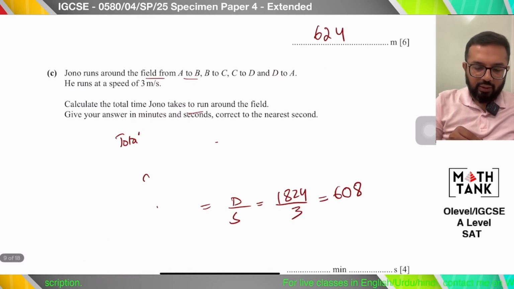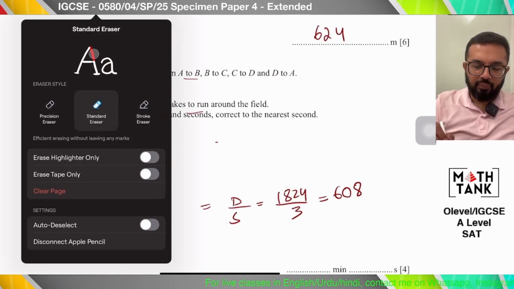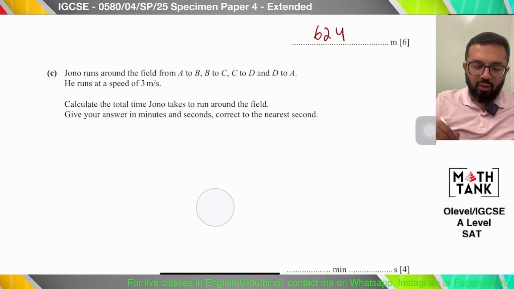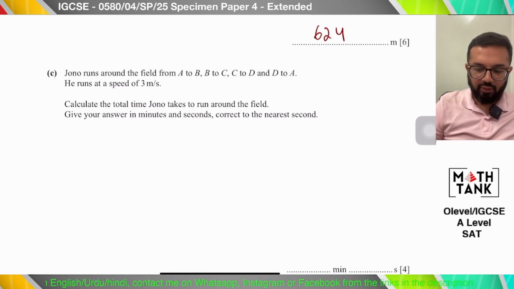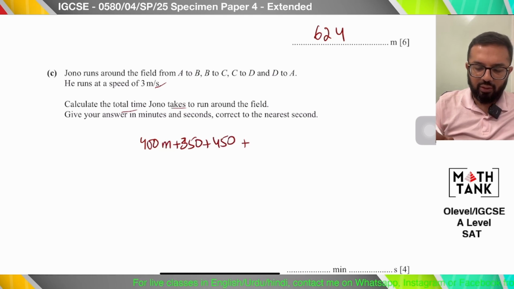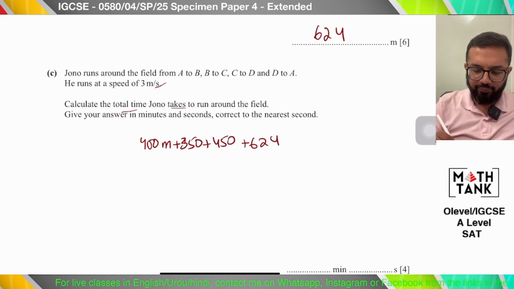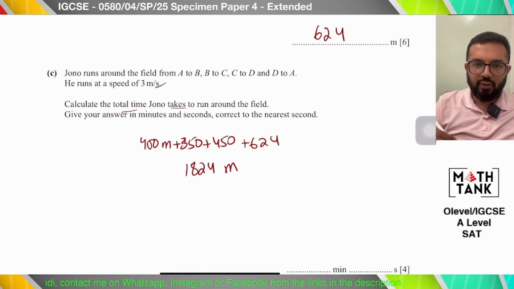Then the question says, Jono runs around the field from A to B, from B to C, C to D, and D to A. He runs at a speed of 3. Calculate the total time Jono takes to run around the field. Give your answer in minutes and seconds. From A to B is 400 meters, then B to C was 350, then 450, and then 624. That gives me a total of 1824 meters as the total distance.